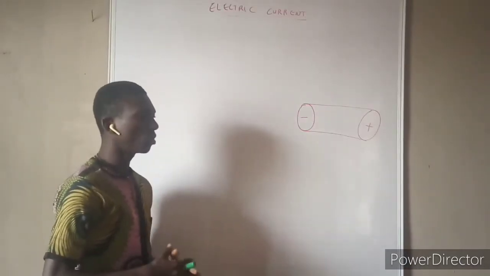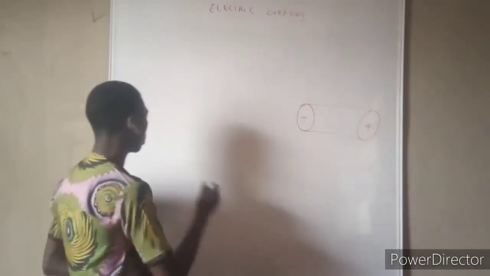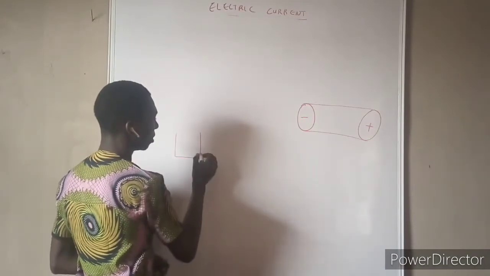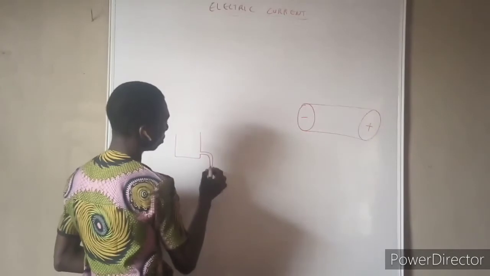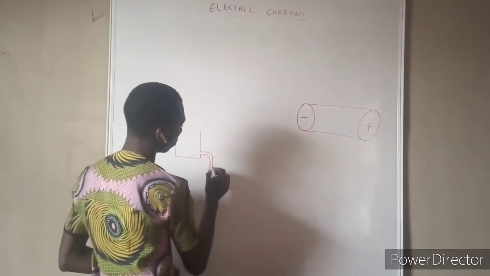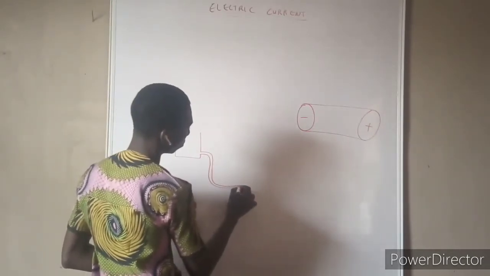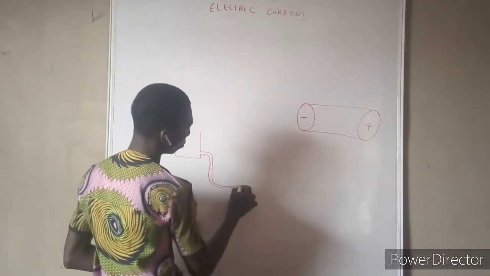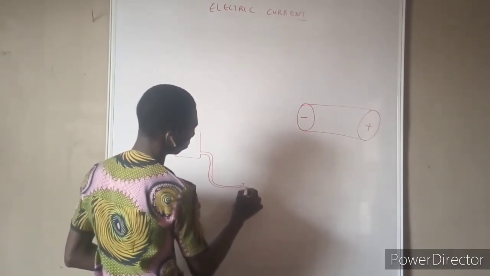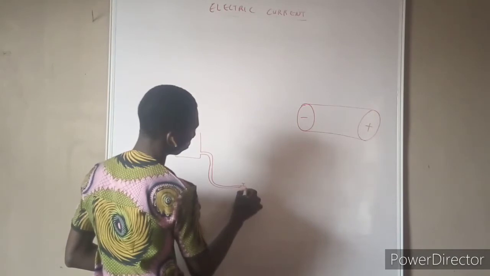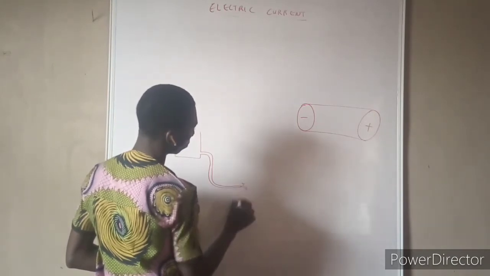Now, let me say here I have my reservoir, that's my tank, then an outlet here. So the outlet here leads to a tap. That's the tap.